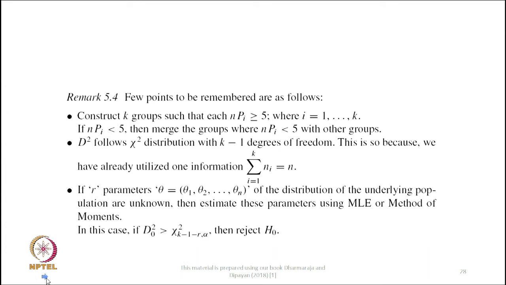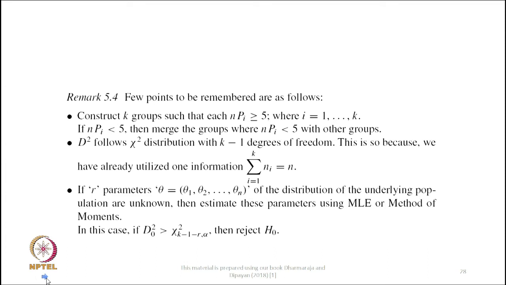There is a possibility, when you say the population distribution is so and so particular distribution, that you may not know the value of the parameters. Either it has to be supplied or you have to find it.